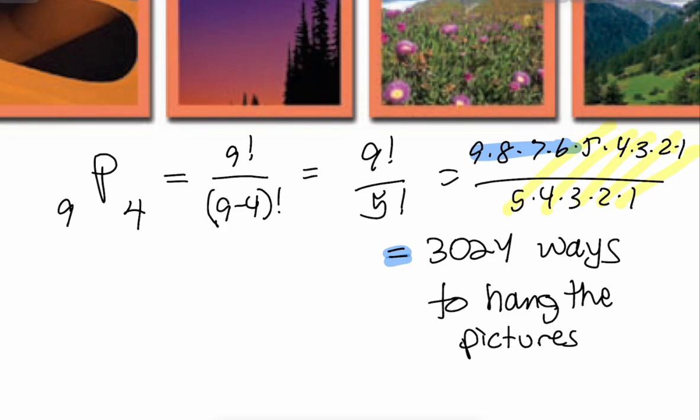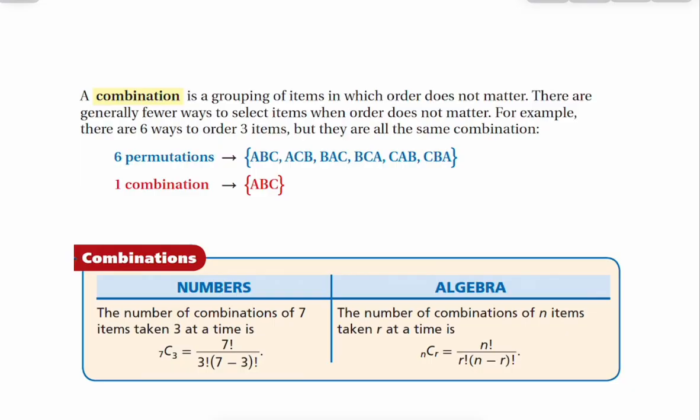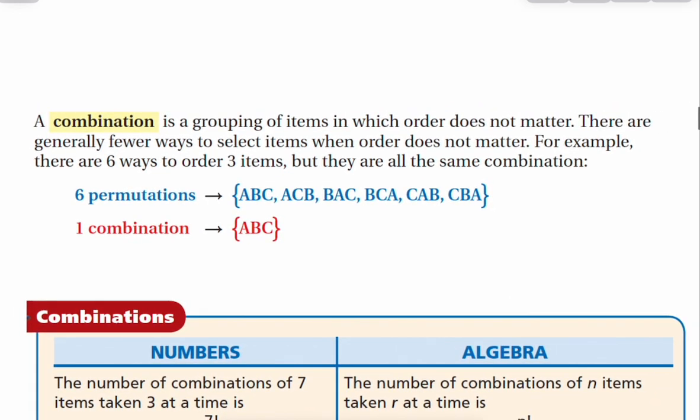Okay, so be careful. You have to know and recognize if we are arranging something in order or if the order doesn't matter. There's a difference. So a combination is a grouping of items where the order does not matter.